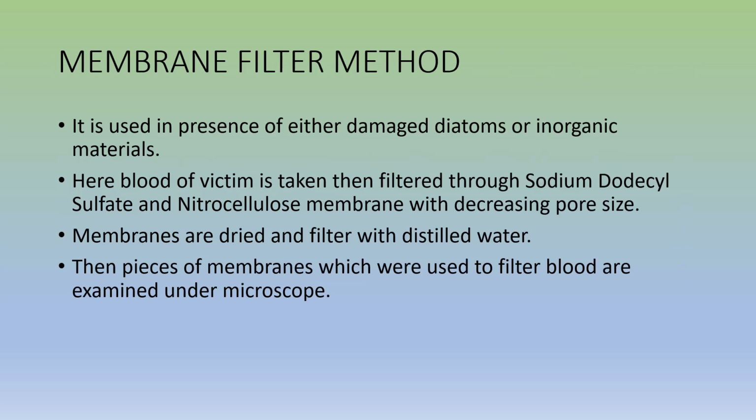Membrane filter method. It is used in the presence of either damaged diatoms or any inorganic materials. Here, the blood of the victim is taken for the analysis. The blood is filtered through a sodium dodecyl sulfate and nitrocellulose membrane, which have decreasing pore size.